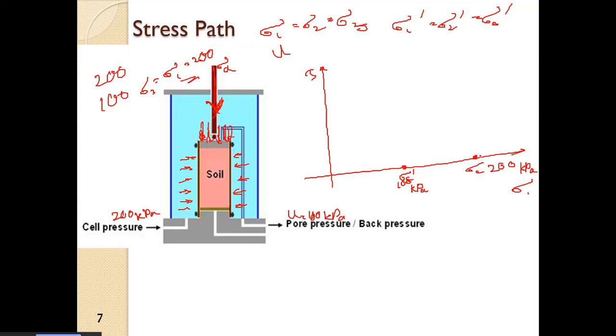So that means the Mohr circle will go on building.